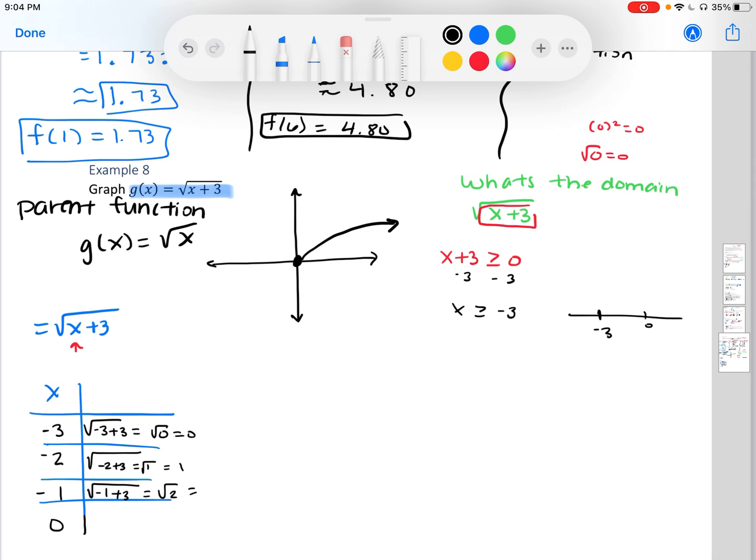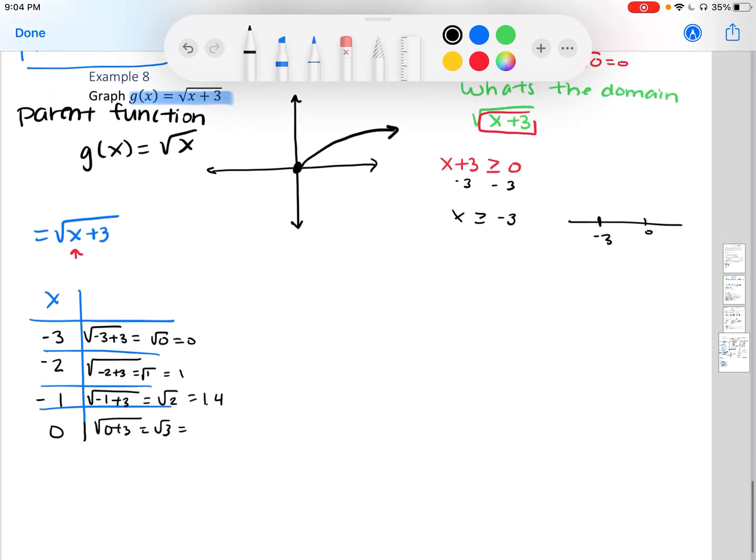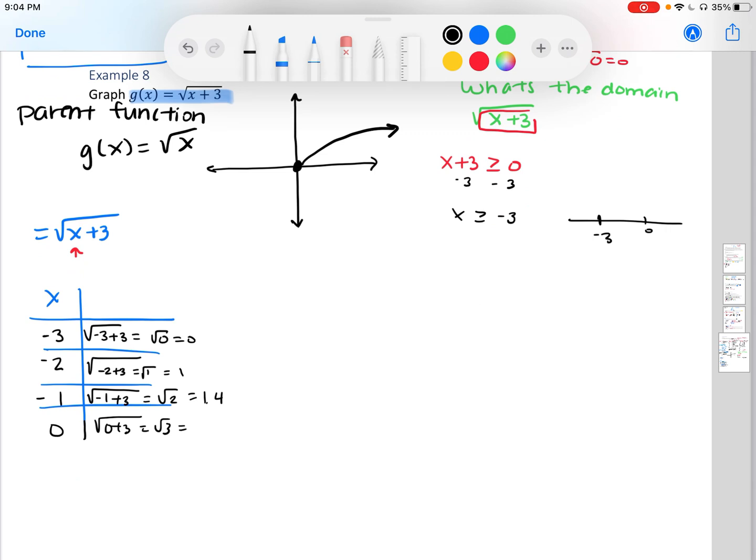That's about 1.4. The square root of 0 plus 3 is the square root of 3, which is about 1.7. Let's do one more for good measure. The square root of 1 plus 3 gives us the square root of 4, which is 2.